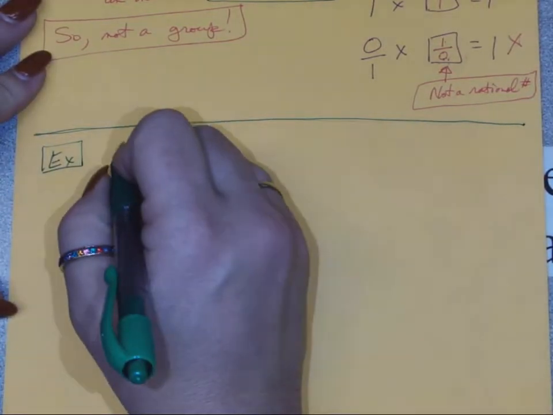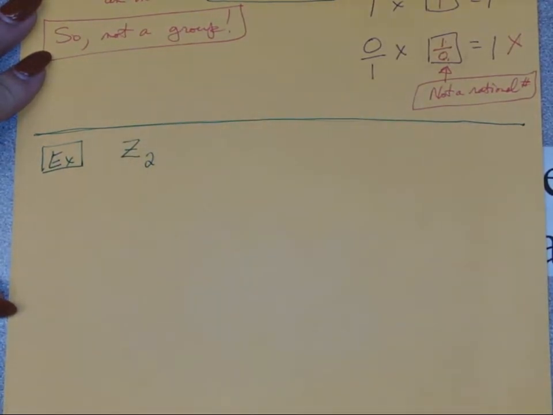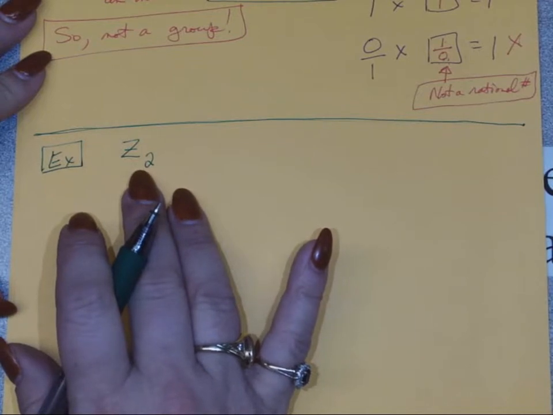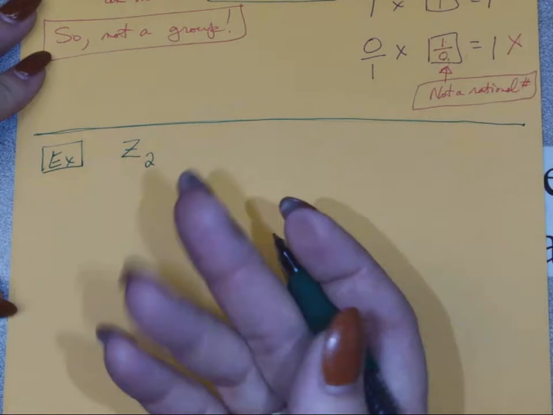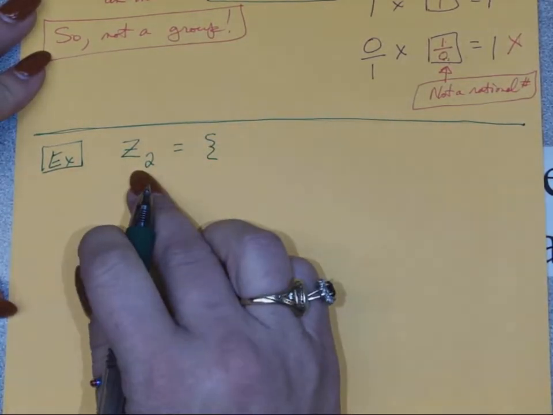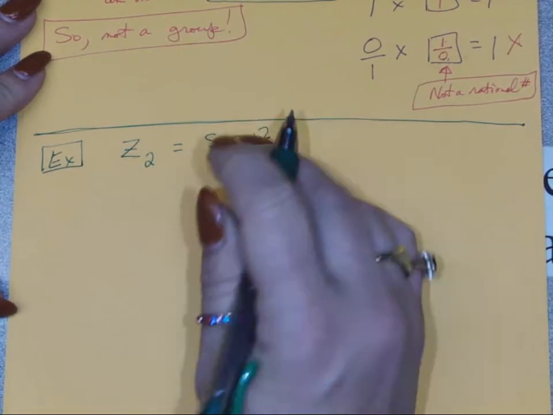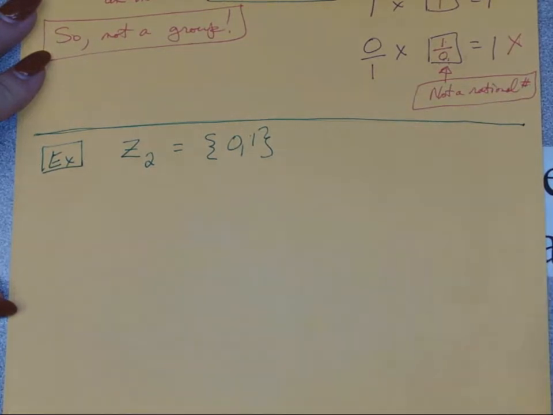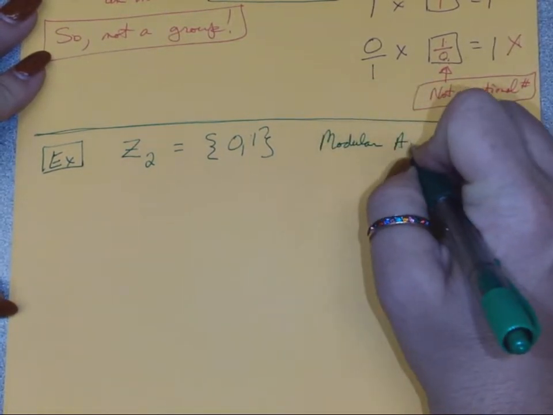There's something that's called Z2, for instance. Z2 would be basically whole numbers where we're talking about mod 2. So if I was in base 2, I would have 0s and 1s, right? Okay, so Z2 would just be the set of 0s and 1s. And we talked about this when we were talking about modular arithmetic, right?